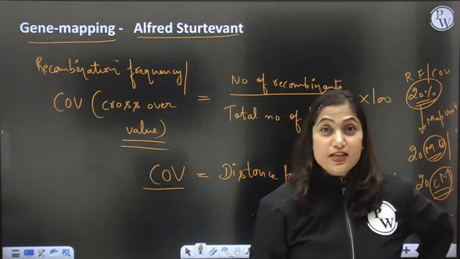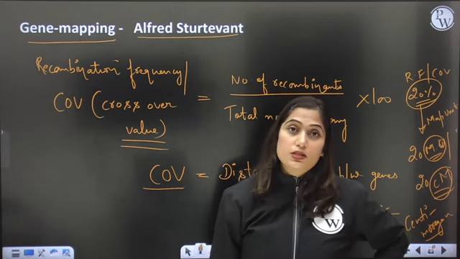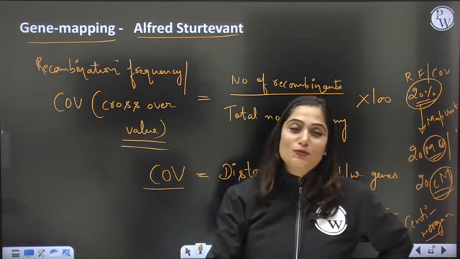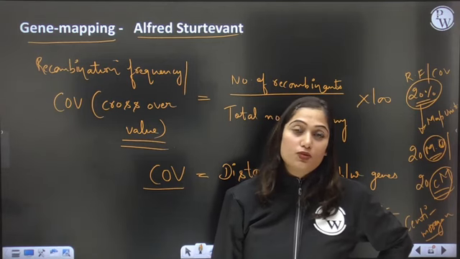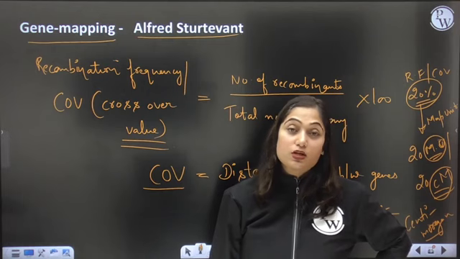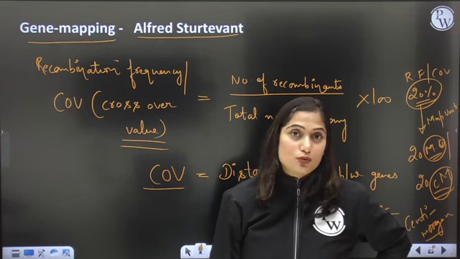If I say that the recombination frequency is 60%, then what would be the distance? Obviously, no. If I say that the distance between two genes present on the same chromosome is 60 map units, then what would be the recombination frequency? Obviously, the recombination frequency will not be 60% because the maximum recombination frequency can be 50% even when the genes are present on different chromosomes.